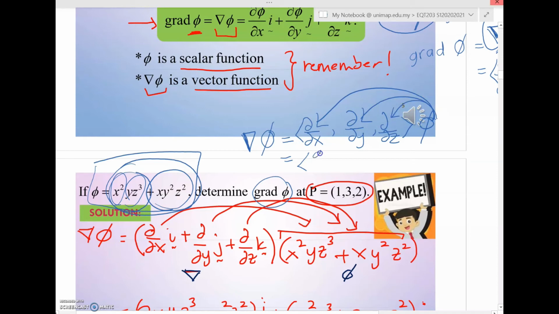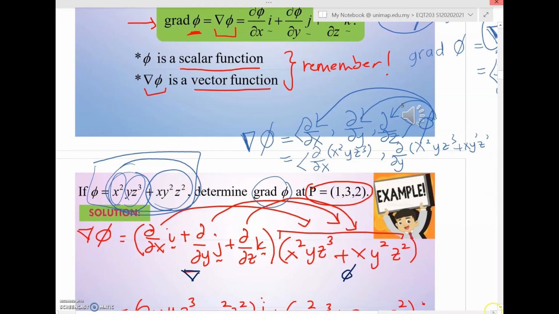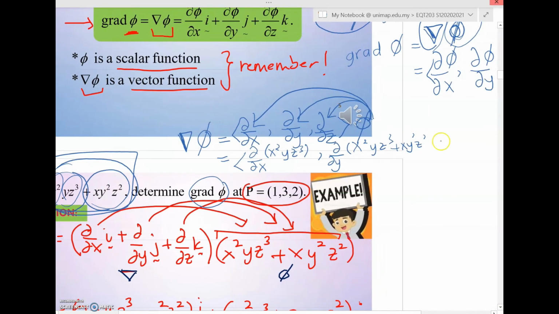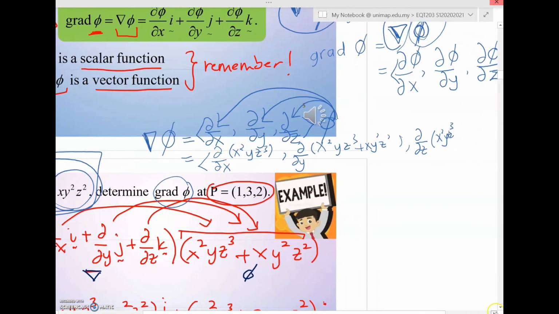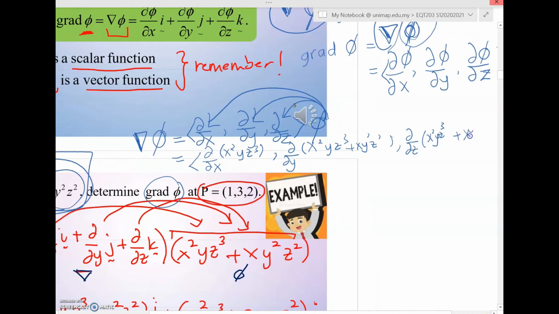Partial derivative. So del x, differentiate your x square yz cube plus xy square z square, comma, del y, substitute your phi x square yz cube plus xy square z square, comma, you have del z and bring your phi x square yz cube plus xy square z square, close.